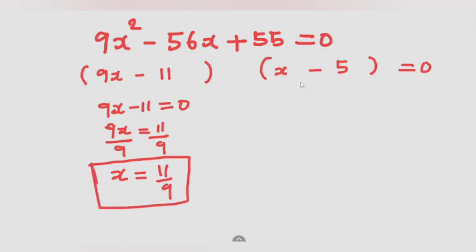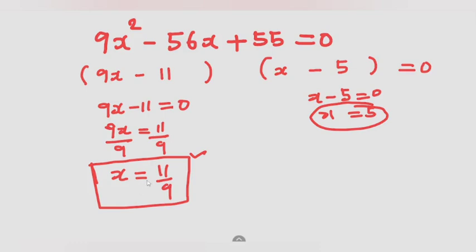Then for this one, if you equate x minus 5 equal to 0, you are going to get x is equal to 5. And this one we are given, so we are not interested in this one. We are just interested in this one because this solution, x is equal to 5, we already have it. No wonder they said, can you find the coordinates of the other solution? So this is what we are interested in.